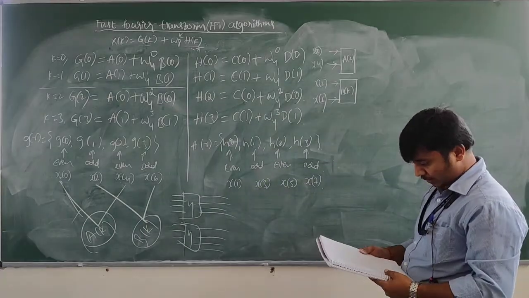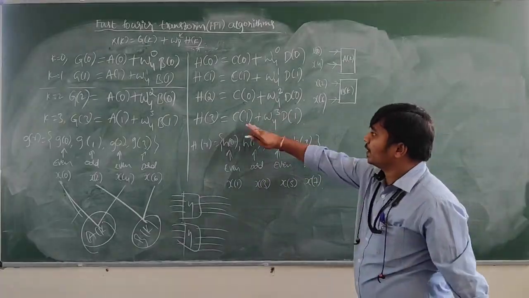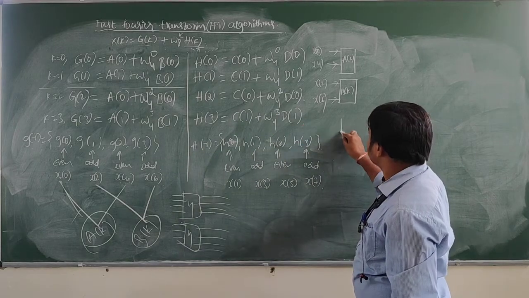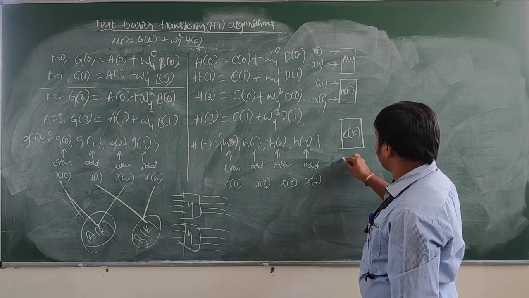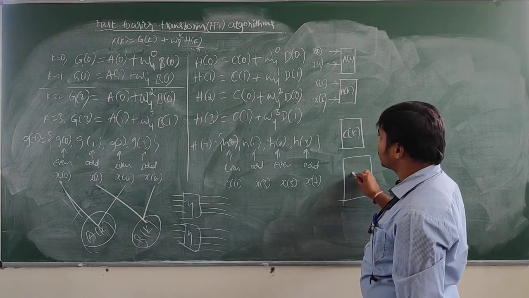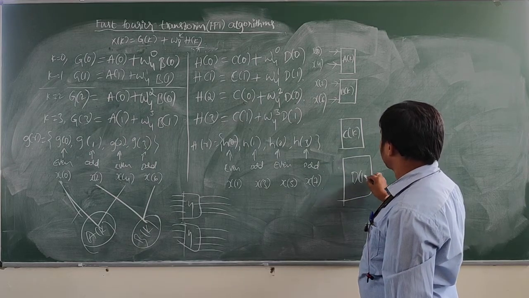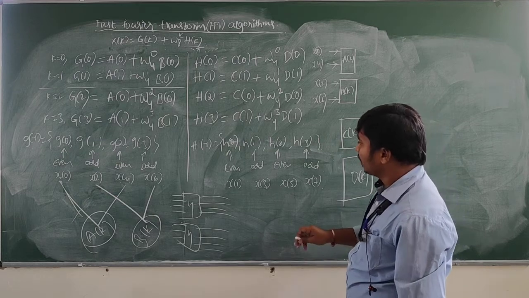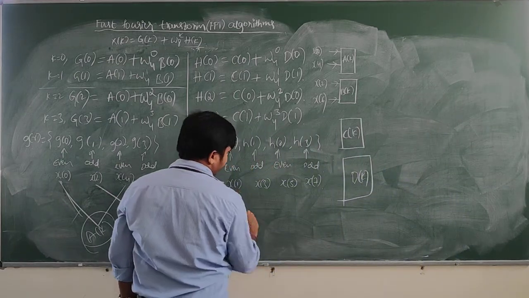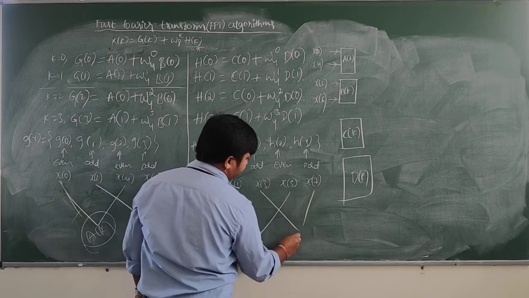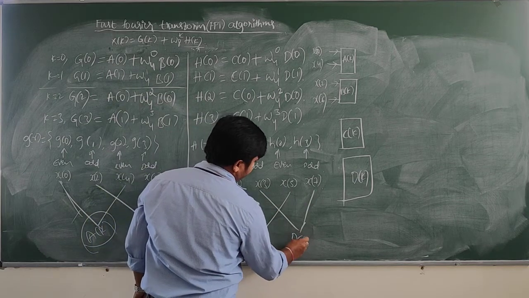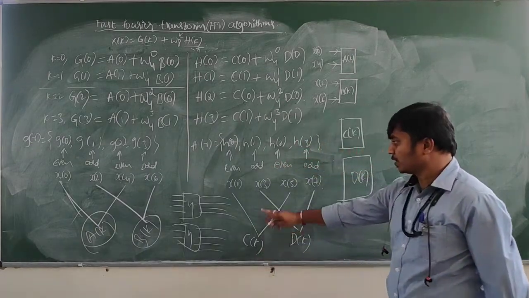next, in this case I have the even sequence C of k and the odd sequence D of k. So again here take these even terms C of k and odd terms D of k. What are the inputs for C of k?